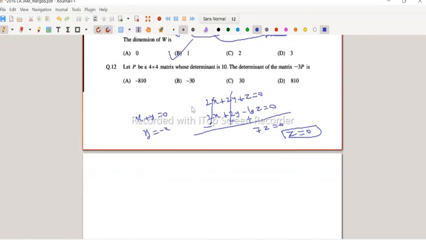Now look at the 12th problem. It is given that P is a 4 by 4 matrix whose determinant is 10. Then what is the determinant of minus 3P?